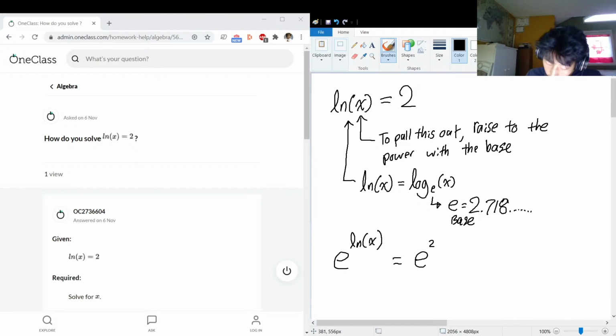These neutralize each other, the ln and the base of e for the power. So that just becomes x equals e to the power of 2. It'd be perfectly reasonable to leave it as e to the power of 2, just looking like this. Okay, sounds good.